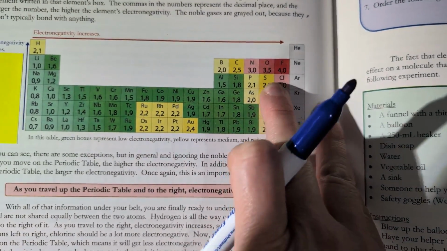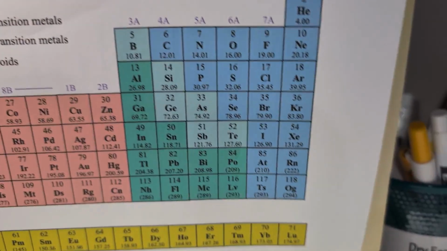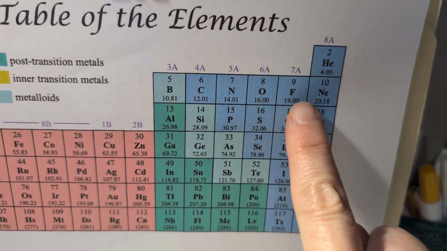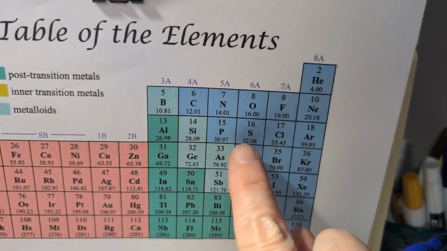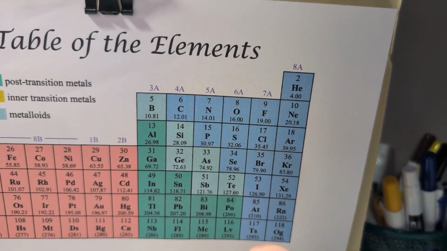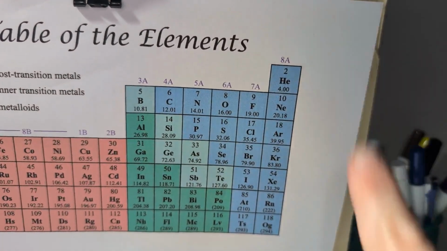And if you notice, S is here and F is here. And you should be able to do this with just a regular periodic table by being able to find these two. In this case, you can see that F is both to the right and up from S. And so we know that electronegativity increases as it goes in this direction.